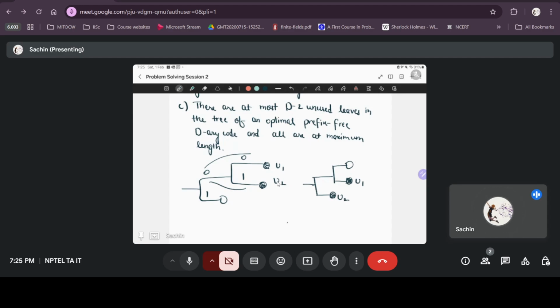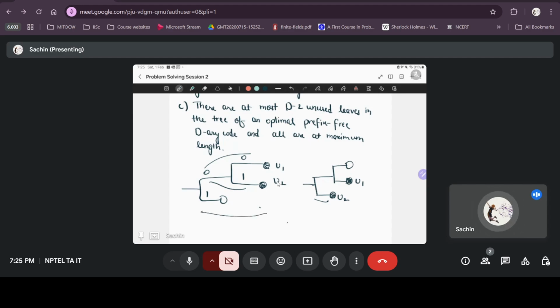Now U2 has been assigned a smaller length code word, so the average code word length will always decrease regardless of the probability values for U1 and U2. So this clearly cannot be optimal.